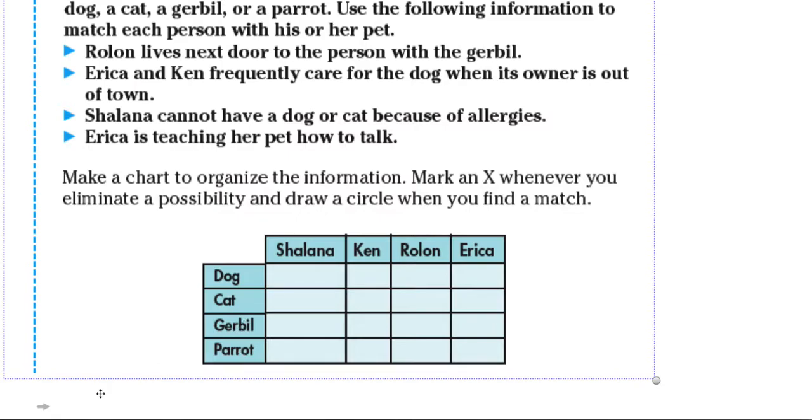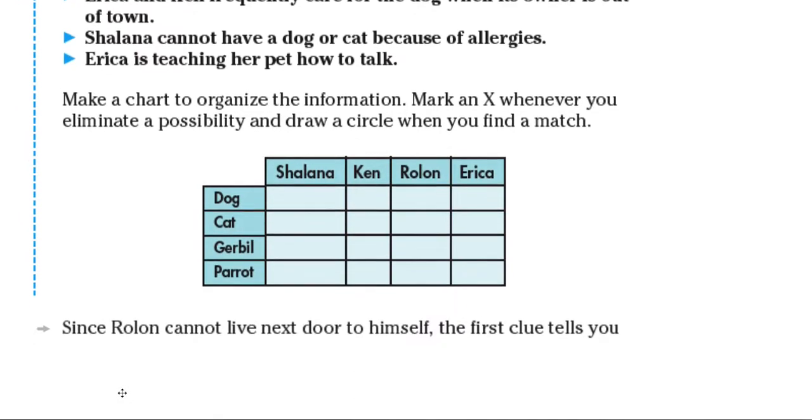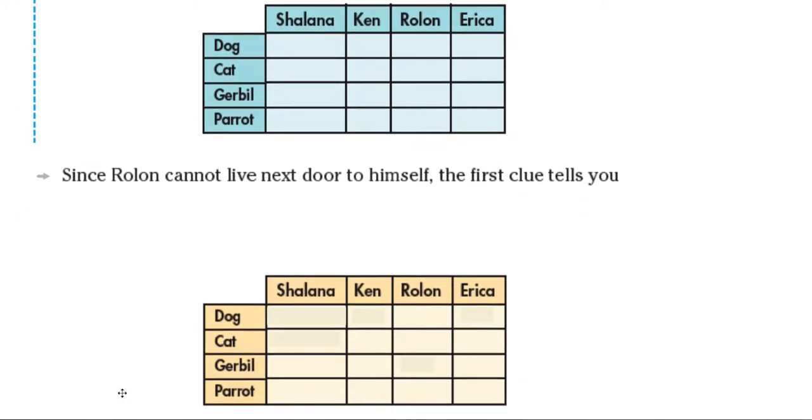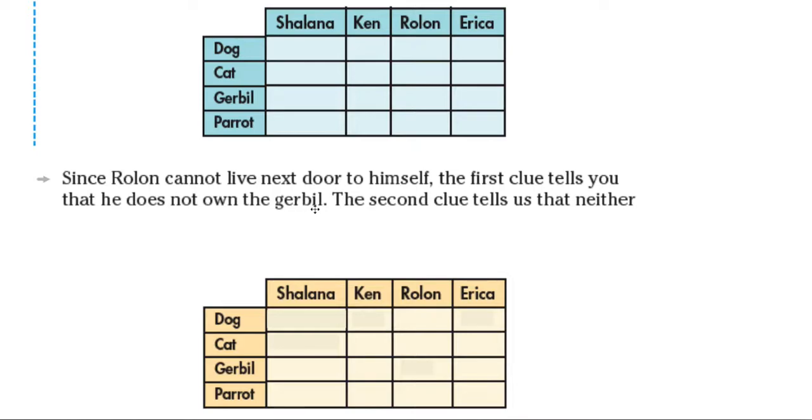Since Roland cannot live next door to himself, the first clue tells you that he does not own the gerbil. So we can put an X for Roland and the gerbil.